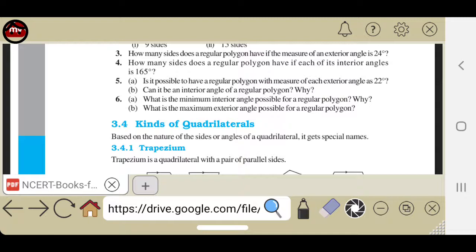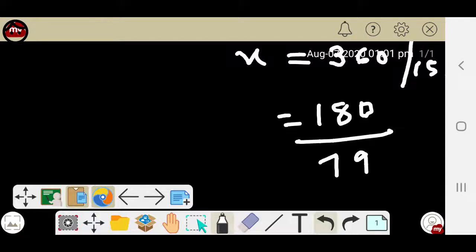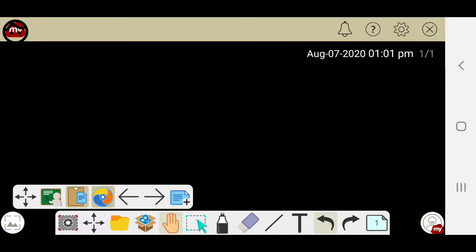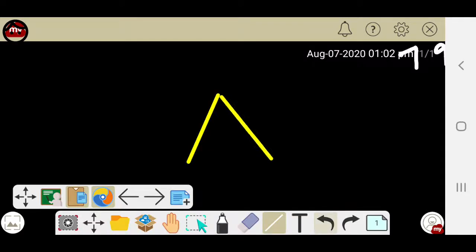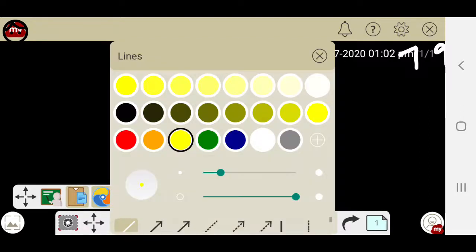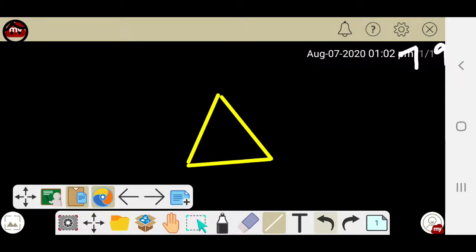What is that regular polygon? An equilateral triangle. What is the measure of each angle of an equilateral triangle? It is 60 degrees: this angle 60, this angle 60, this angle 60. So 60 is the minimum angle.